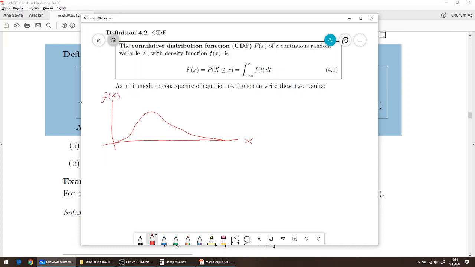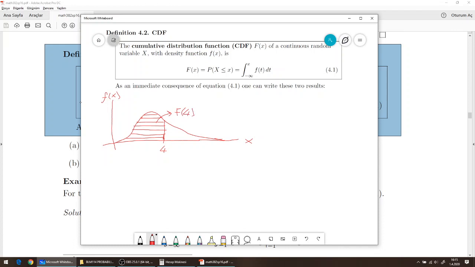What is uppercase F of x? For example, you want to find the area under the curve up to 4. That means from minus infinity to 4. This area means uppercase F of 4.